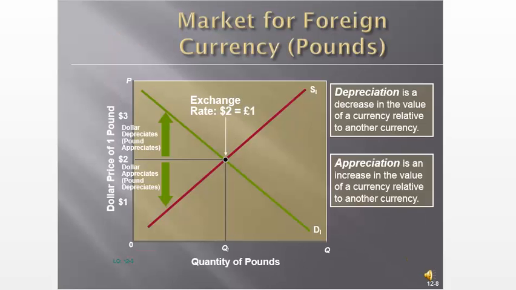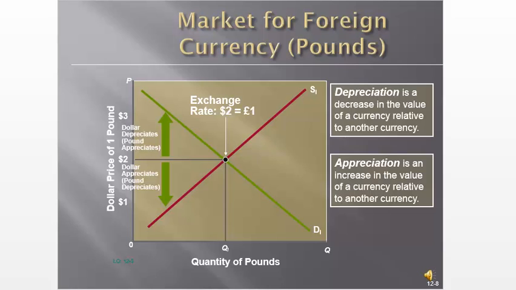And as we said earlier, the intersection of the supply and demand curves will determine a floating exchange rate of one currency versus another. So let's take a look at an example of the market for foreign currency for British pounds. As you can see, the intersection of the demand for pounds curve, D1, and the supply for pounds curve, S1, determines the equilibrium or market dollar price for pounds.